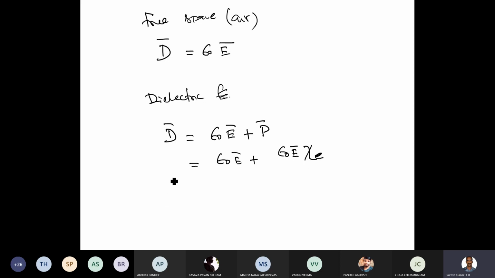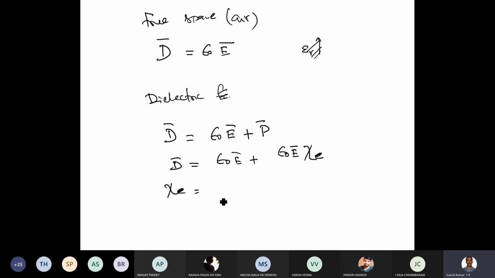This term chi E is known as electric susceptibility. Susceptibility means how susceptible the medium is to the applied field. If you take air, it's very difficult to polarize the air. But if you take epsilon r equal to 2 or 3, as the epsilon r value increases, the medium is more susceptible to the applied field, and you can easily polarize the medium.